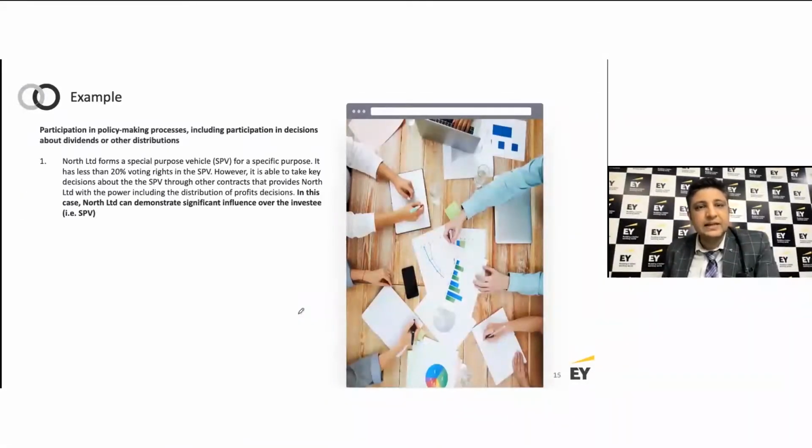Okay, let's have a look at some more aspects here. It says that there's a participation in policymaking processes, including participation in decisions about dividends or other distributions, right? One of the cases available says that North Limited forms an SPV, a special purpose vehicle. We use this reference in the consolidation, right? We use it in the context of group accounting, right?